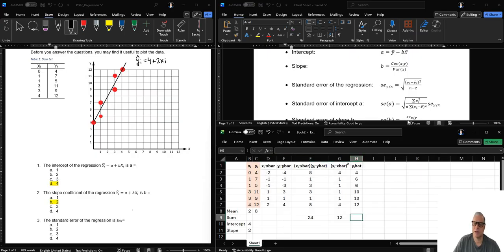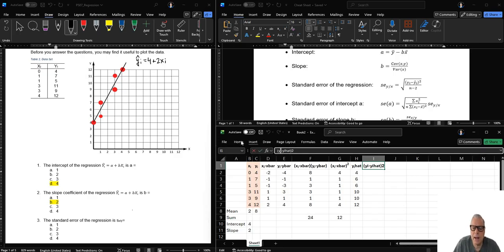So now we have yi hat, and then what we need is yi minus yi hat squared. So yi minus yi hat, and that goes all in parentheses, and we square it.